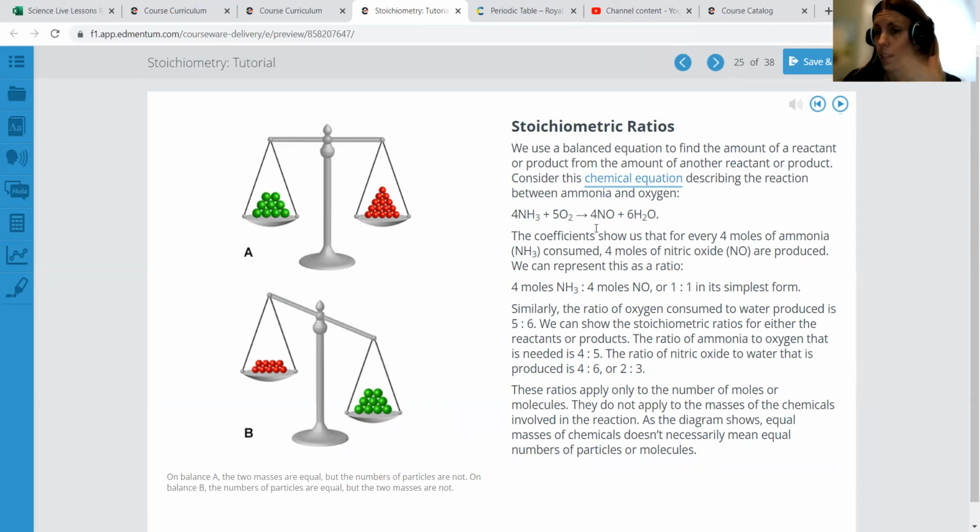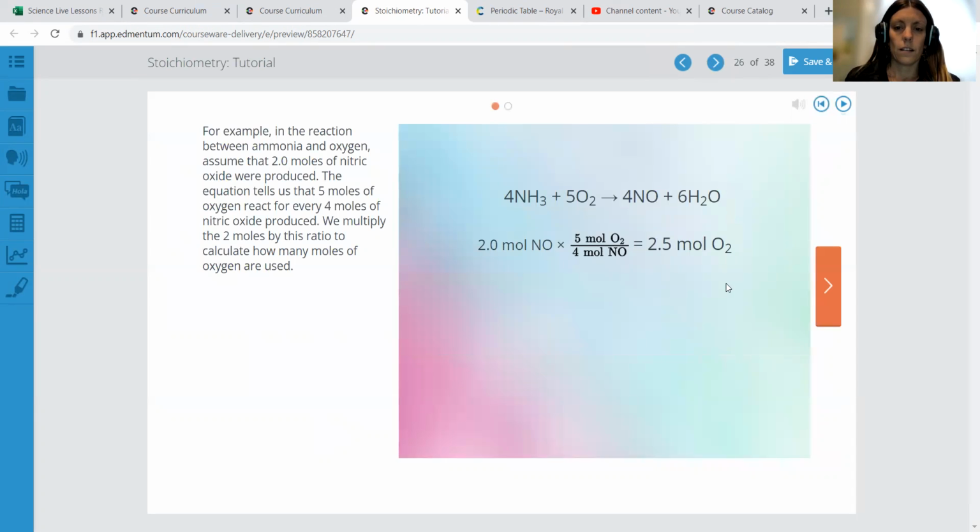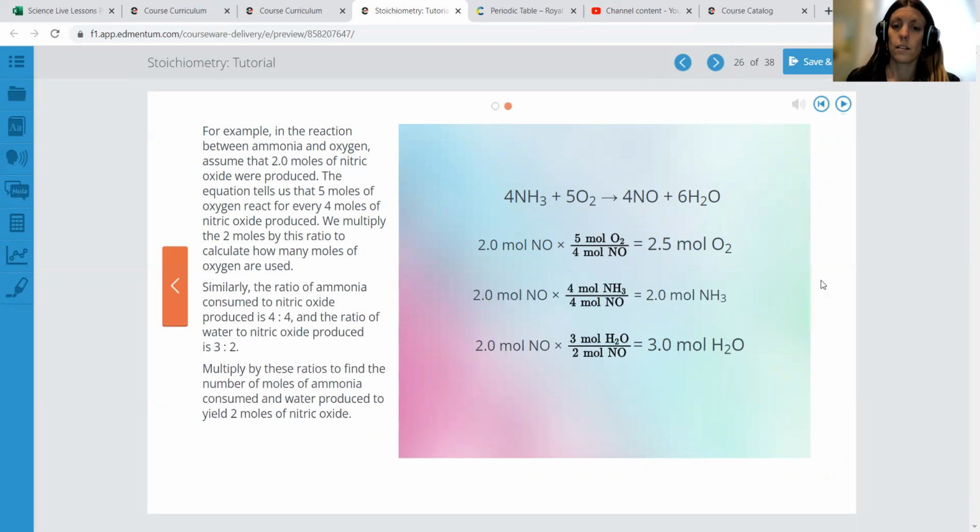Does it balance out? How does it balance out with each other? As you can see, the goal is to get the balance level. Okay, and then here, another chemical equation, figuring out the mole.